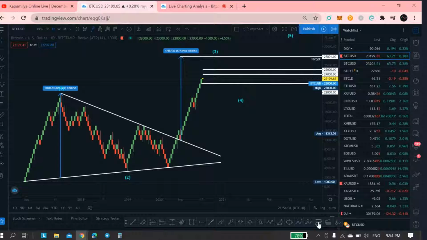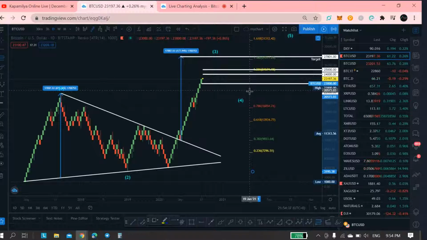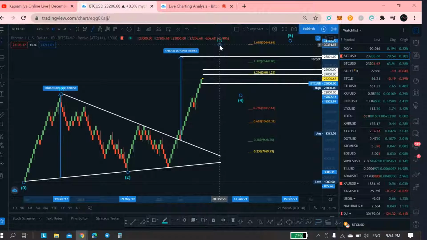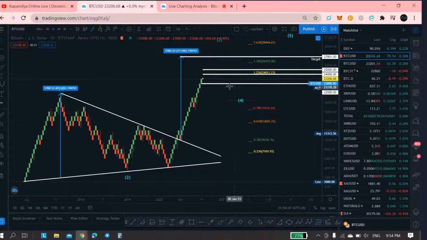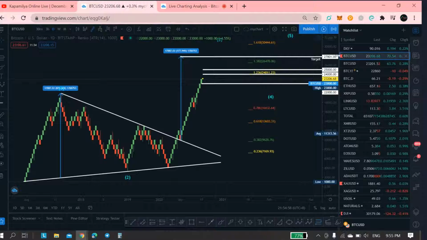For wave 3, that normally extends to the 1.618 fib. Let's see. Oh, there. Actually, that's around the 30,000 area. Wave 4 should not go below the high of wave 1, which is close to the 20,000 area, and then possibly wave 5.